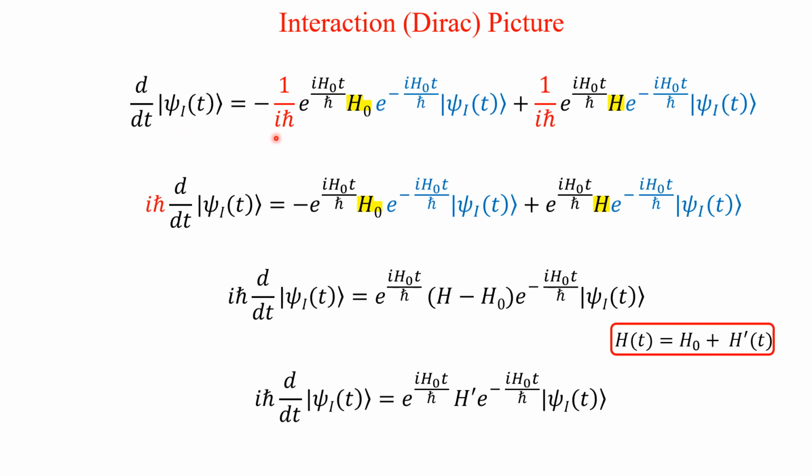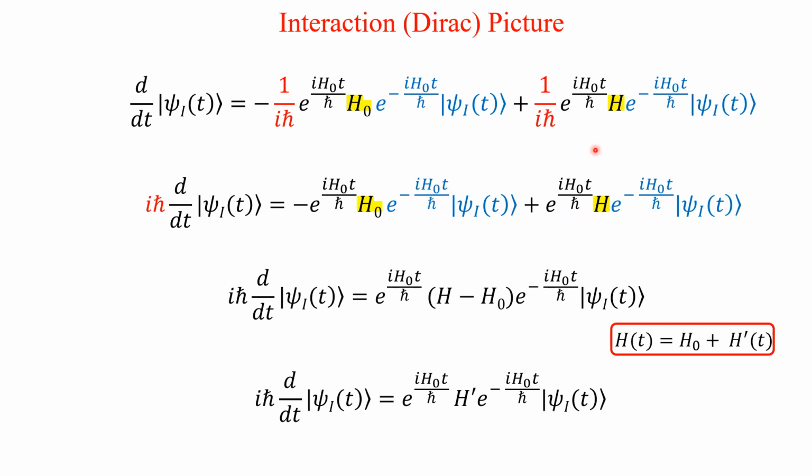So we have seen this expression. You can see the first term and the second term of the right hand side contain 1 over i h cross. So you bring 1 over i h cross to the left hand side, and it will become i h cross. So the remaining terms, you can see carefully here, you have minus e to the power i H naught t over h cross H naught, e to the power minus, that is the inverse of this one, minus i H naught t over h cross.